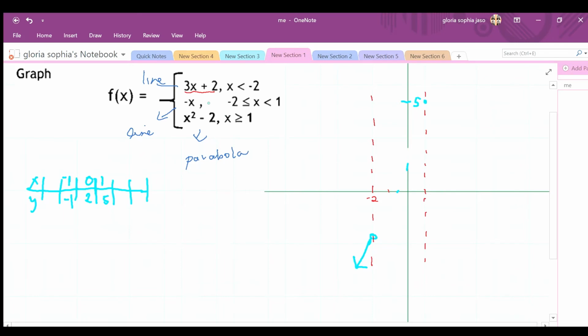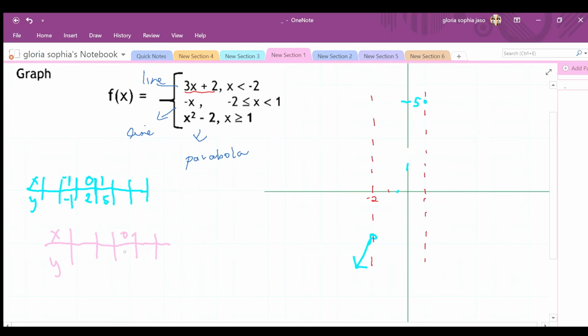And then, yung between -2 to 1. Ayan. So, let's create a table of values. -x. So, pag -x, kung ano yung input natin, nagiging opposite sign lang siya.